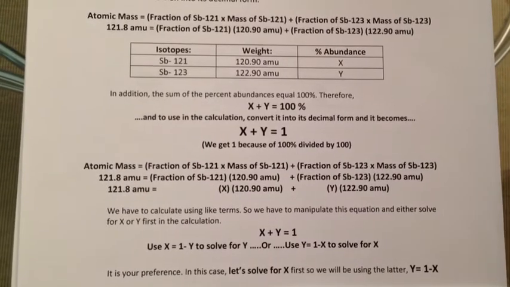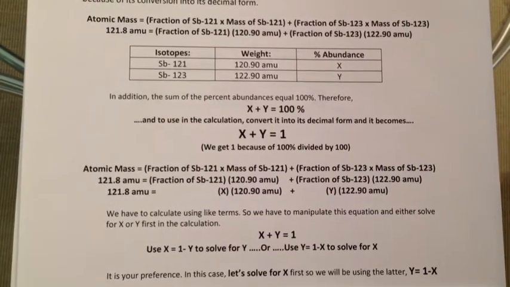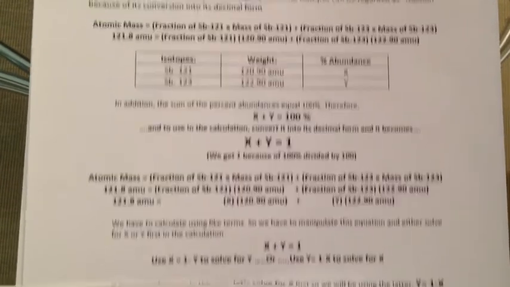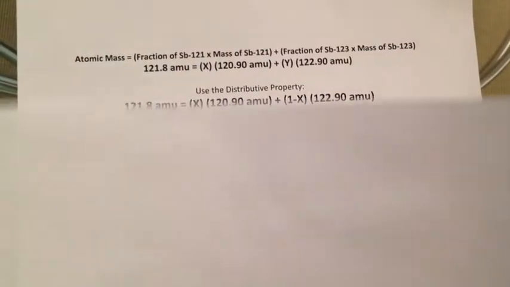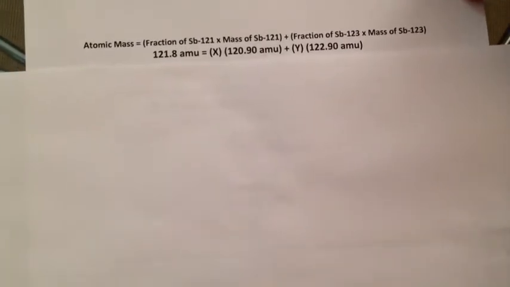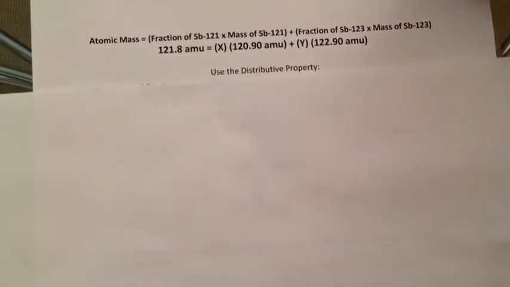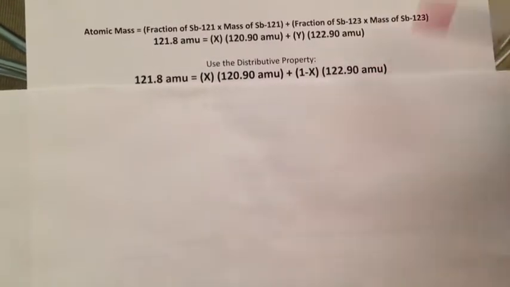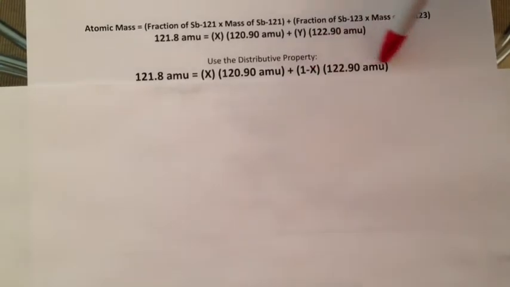Plugging it all into the equation to compute for X, the percent abundance of antimony 121. And remember to use the distributive property here in this part.